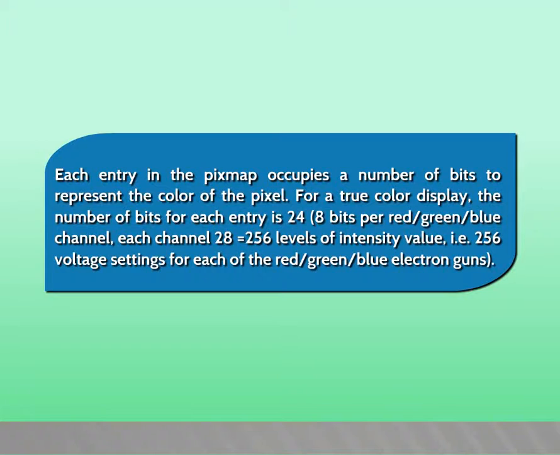For a true color display, the number of bits for each entry is 24, that is 8 bits per red or green or blue channel. Each channel, 2^8, is equal to 256 levels of intensity value, that is 256 voltage settings for each of the red or green or blue electron guns.